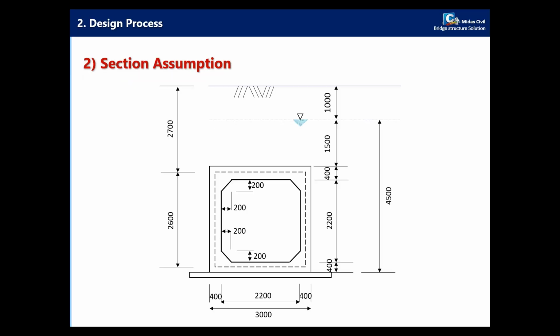So for the section we are going to use, it's a 2-dimensional section. As you know that for the culvert, even if you analyze in 2D, you can get similar results even for 3D analysis.